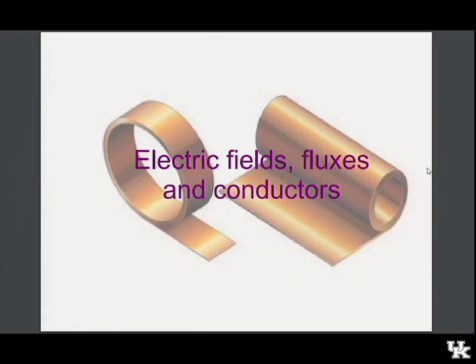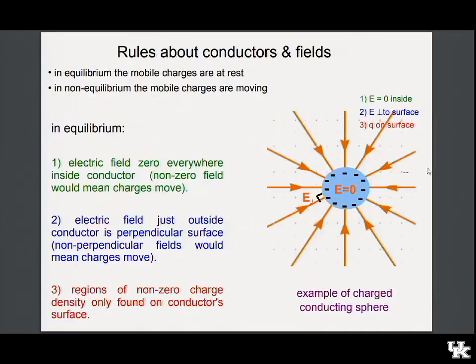So there are some special rules about electrical fields when you have conductors. Remember, a conductor has inside it what I would call mobile charge carriers. That's charge carriers that can move around, that can flow around inside the conductor. They'll move around under the influence of electrical fields.